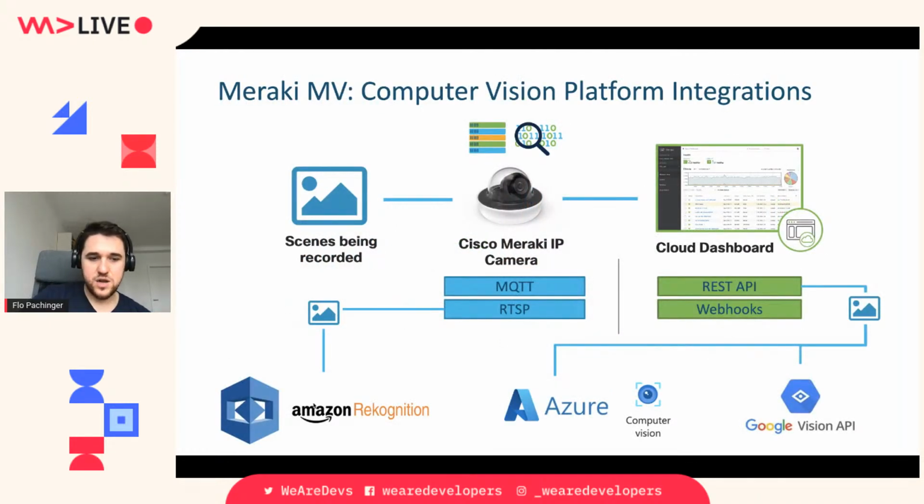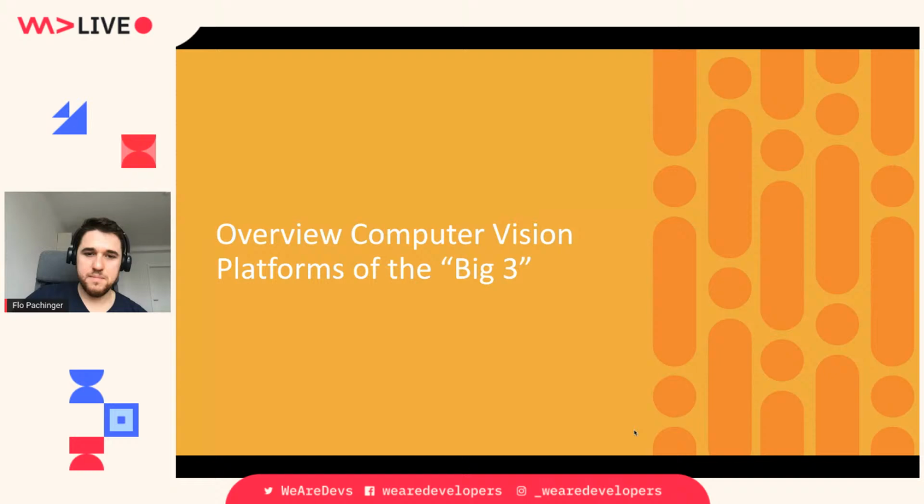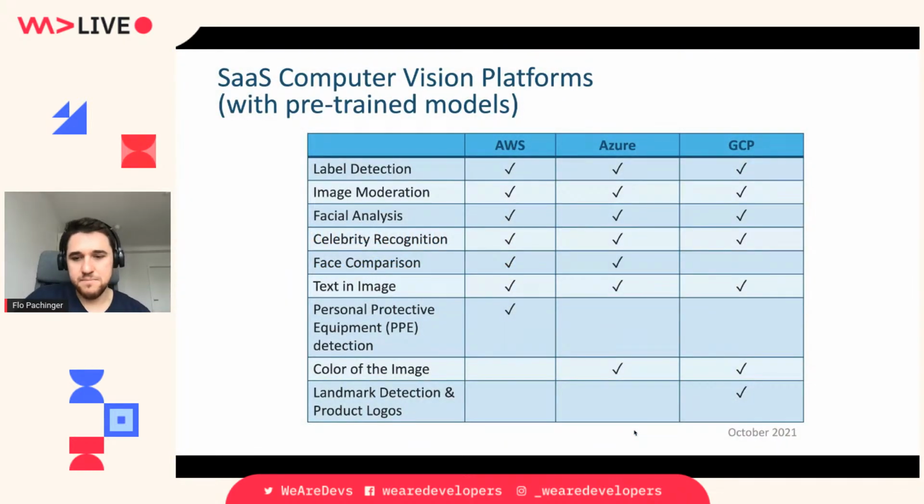And now let's focus more on the big three. What is the difference, and what can you use there? I did some observation and checked what they offer as of now, and of course they're always changing it, like in October 2021 getting new features with pre-trained models.